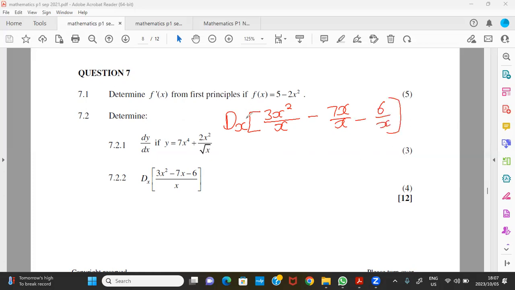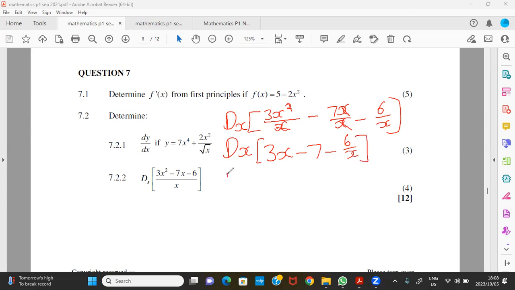So you see, I'm still keeping my d over dx, because I'm still working with my original expression that was given. I'm going to say d over dx again, so I can work everything out. So it's going to be 3x minus 7, because they cancel here and they cancel here, and then minus 6 over x.